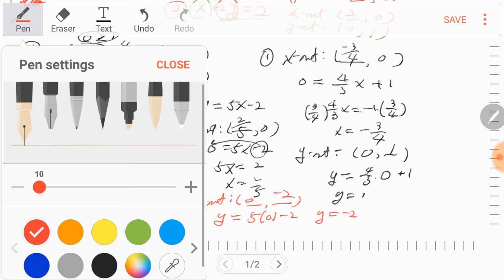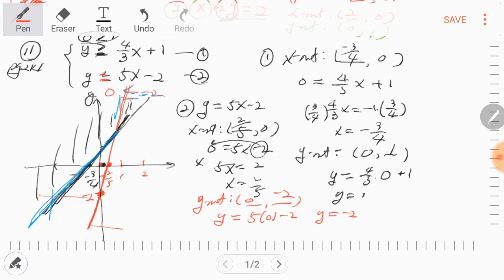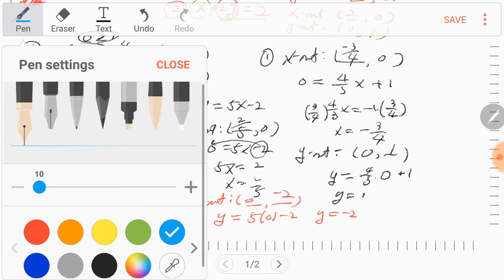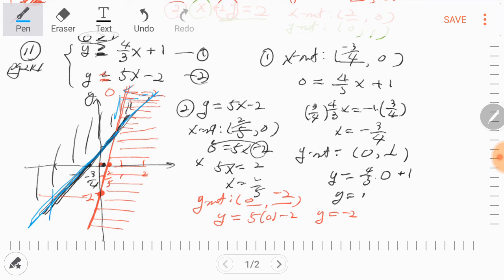The solution for the second inequality is below this red line. So the overlapped area is above the black line and below the red line. So this area is the solution. How about the lines? The line starting from this point is the solution. Okay, sorry about this.